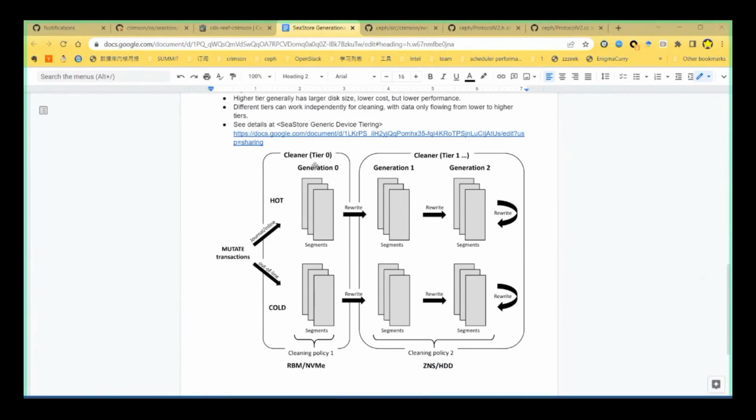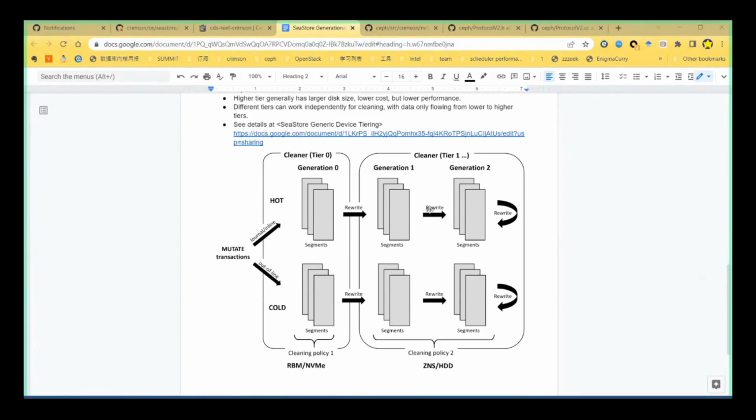So we can put tier 0 to have more performant and more expensive devices for this implementation, and configure larger and less performant devices into the second tier.